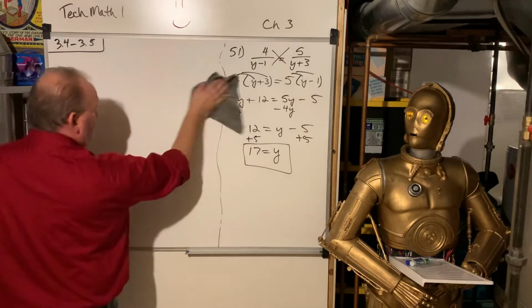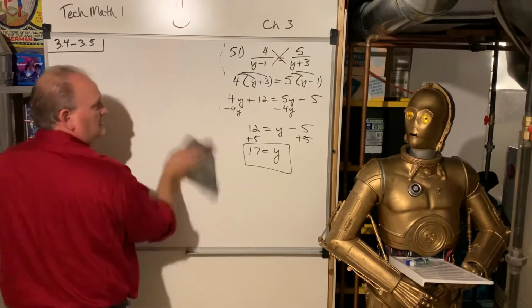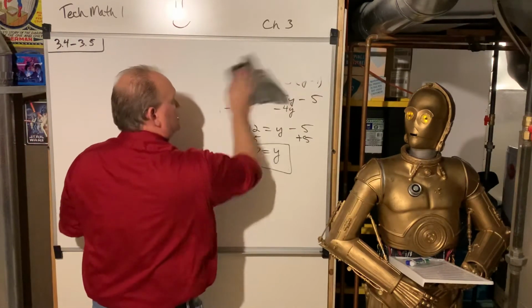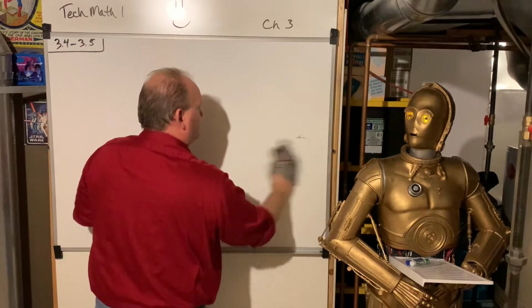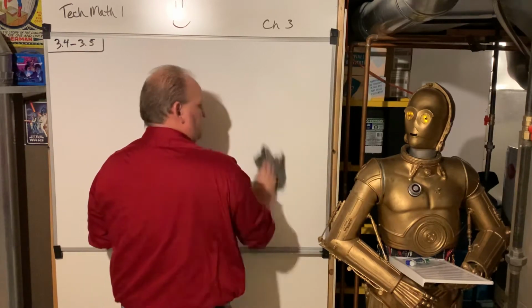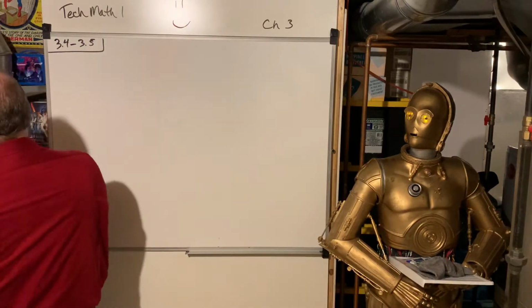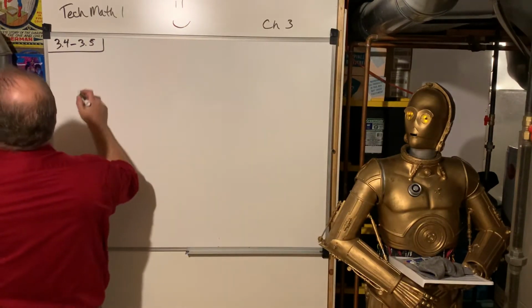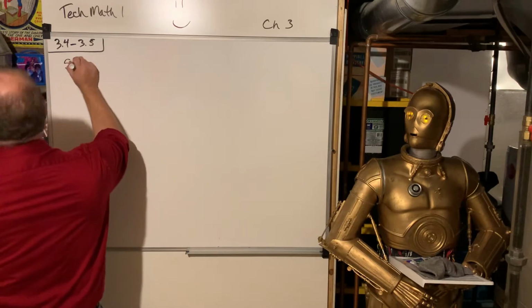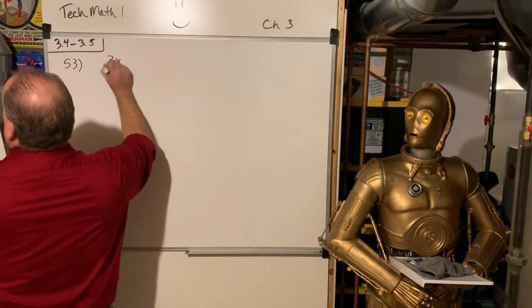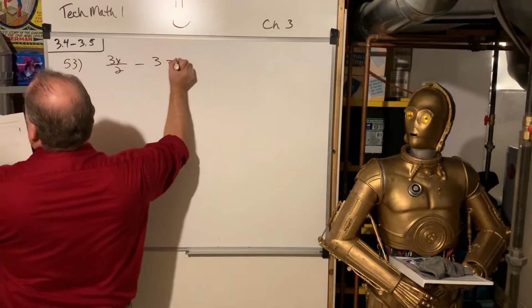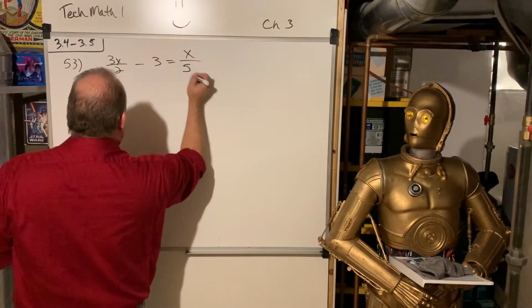There's a lot of different techniques you can use to solve fractional equations. All right, and I'll try to demonstrate what I think is the easiest, the least steps. So 53 is 3x over 2 minus 3 equals x over 5.